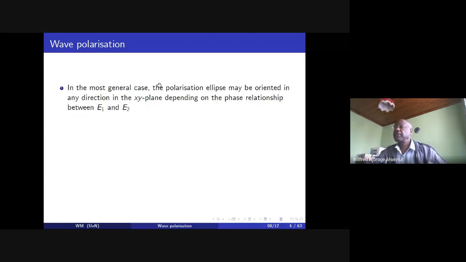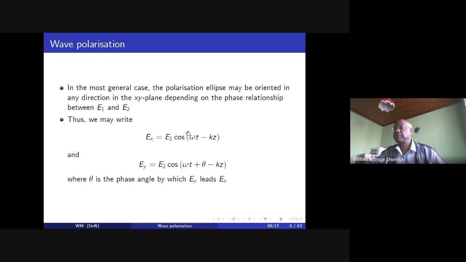In the most general case, the polarization ellipse may be oriented in any direction in the xy plane, depending on the phase relationship between E1 and E2. By phase relationship, I'm talking about the time phase, that is the omega t as we move around.